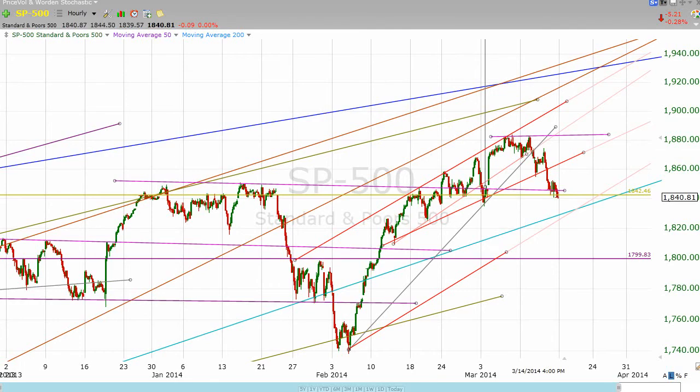Okay, the first thing, if you're a really astute observer, you'll notice that as cluttered as this chart has a tendency to look, I've removed a good number of trend lines. I've done so in the interest of removing some clutter, but also being open to some other possibilities.